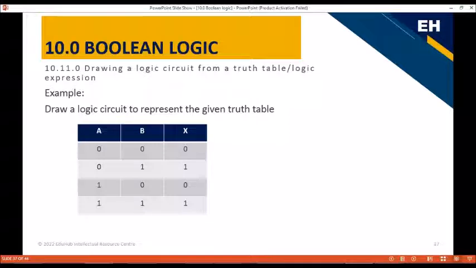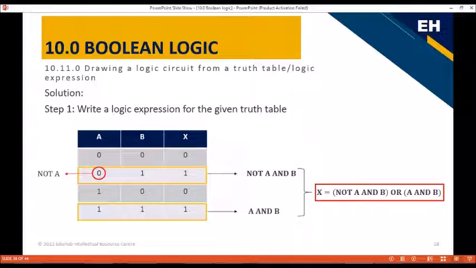The next module we shall be learning is to draw a logic circuit from a truth table or logic expression. Example: draw a logic circuit to represent the given truth table. Now we have this truth table. How are we going to draw a logic circuit?